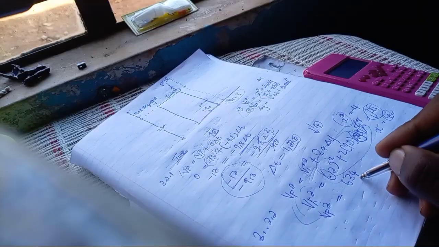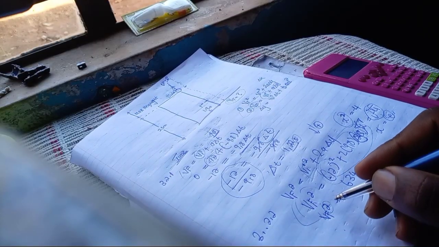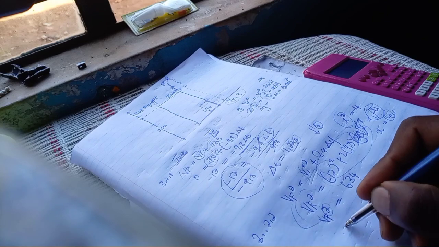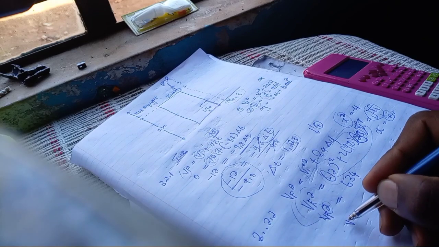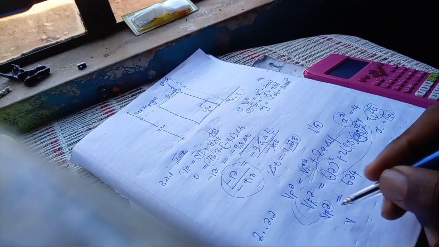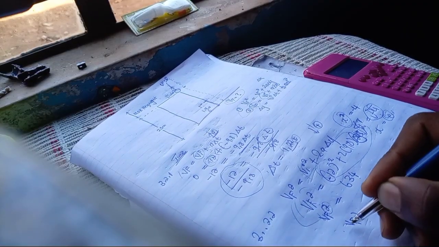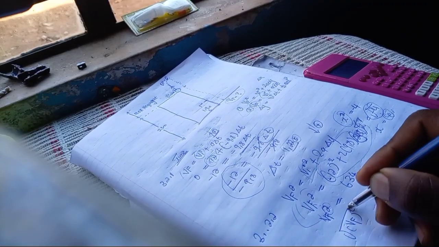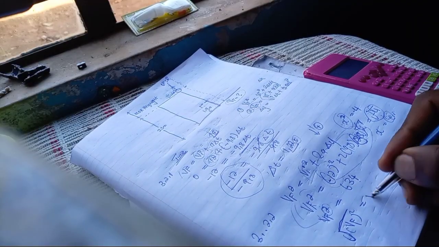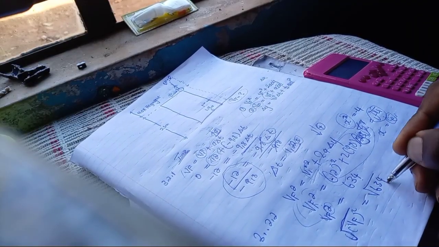This is not our final answer because we have squared. We have to get the root of the squared. How can we get the root of the squared? We have to put square root on both sides in order to cancel the square. So final velocity squared and square root both sides. The other side is going to be square root of 634.